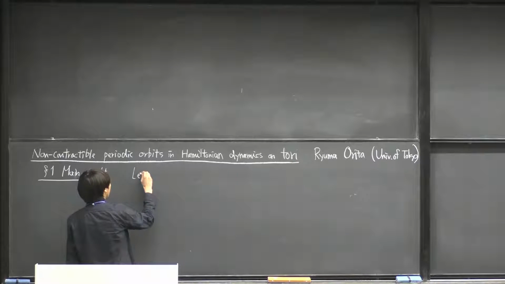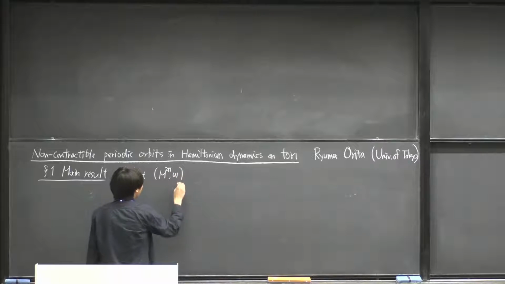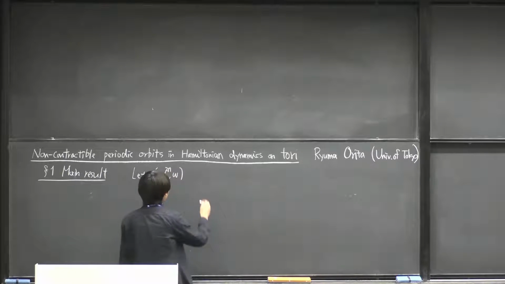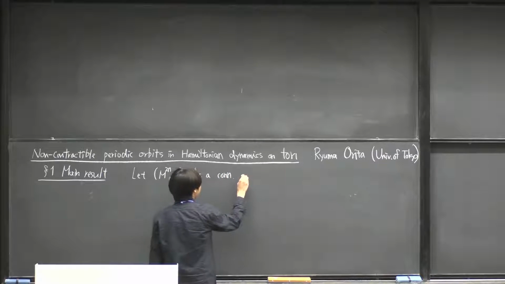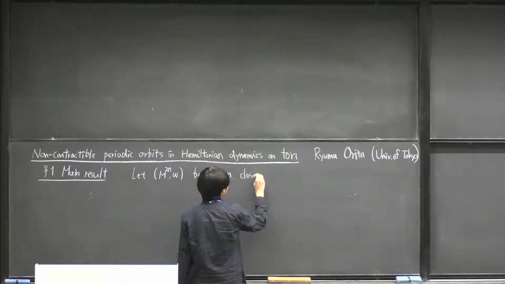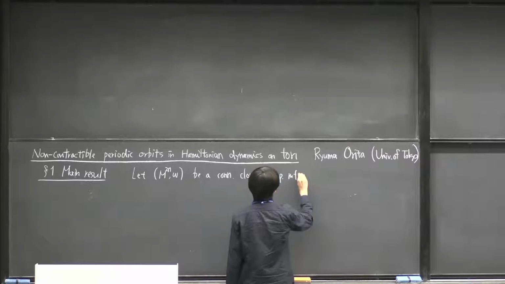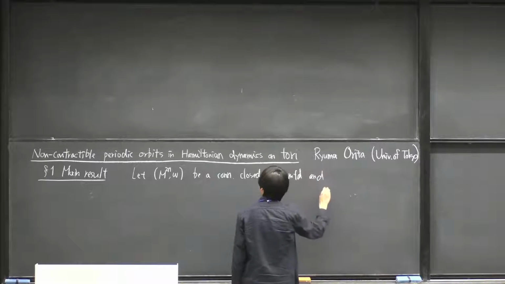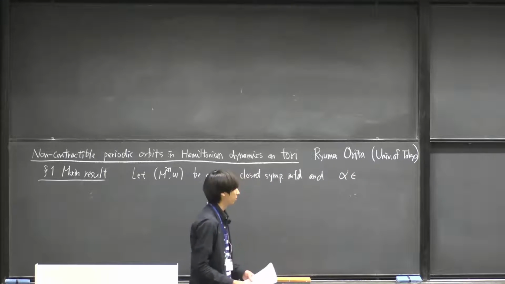Today, let (M, omega) be a connected, closed symplectic manifold and alpha be a free homotopy class of free loops.